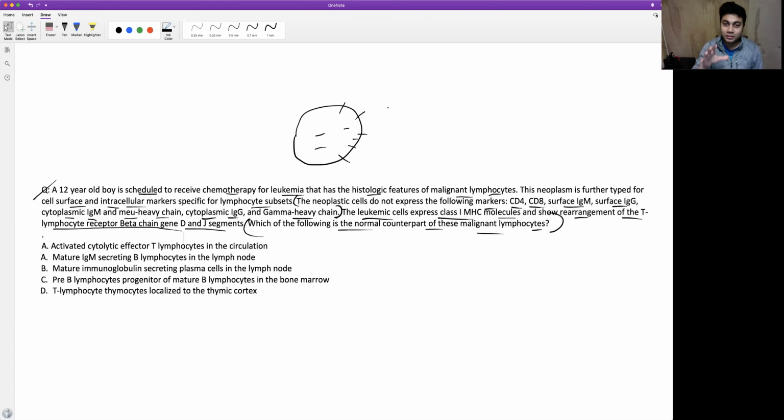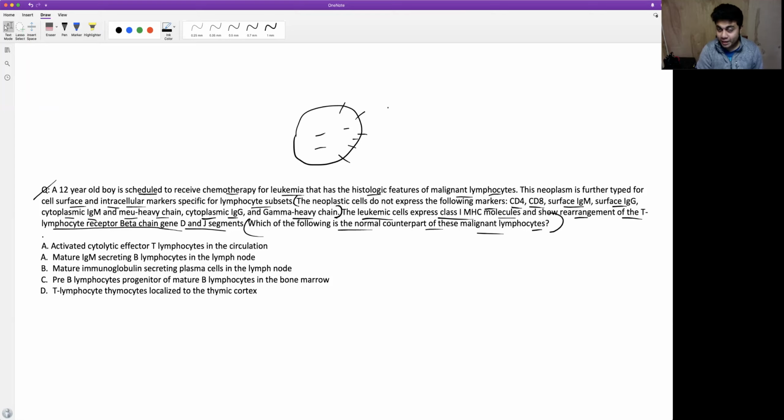Before the thymus, they are nothing. They're just T cells, and they don't have CD4 or CD8 markers. So probably these malignant lymphocytes are from that type of lymphocyte, which means the lymphocytes are not yet educated, right?